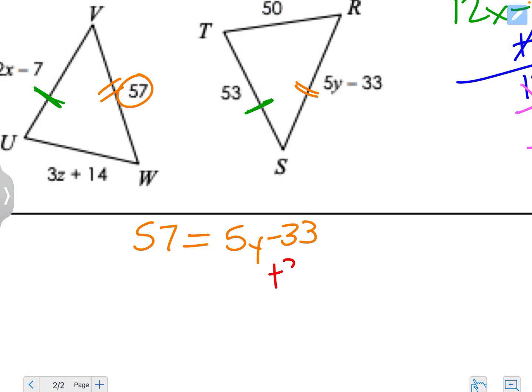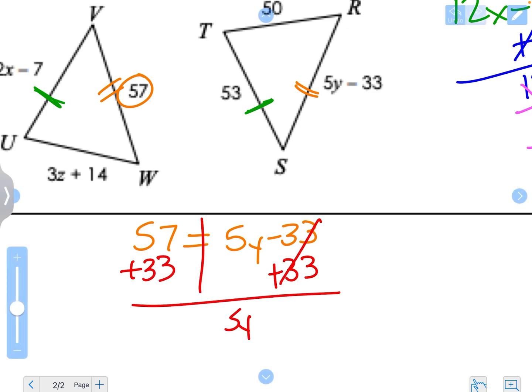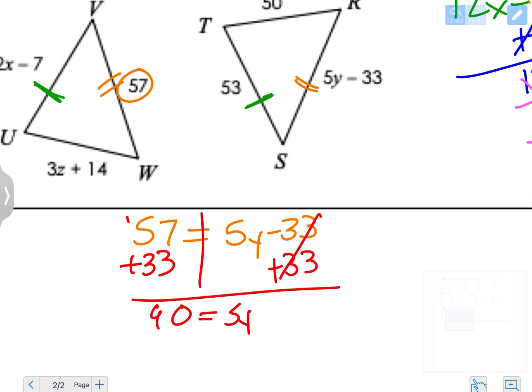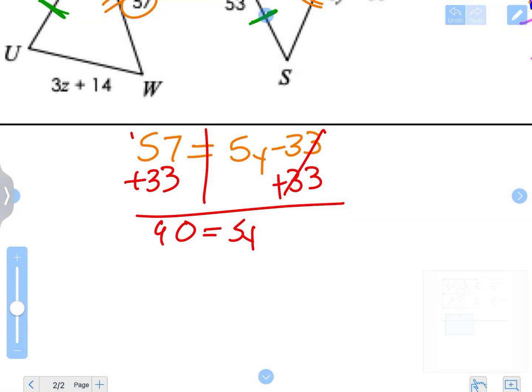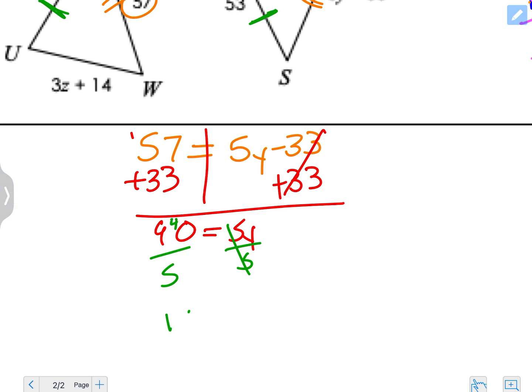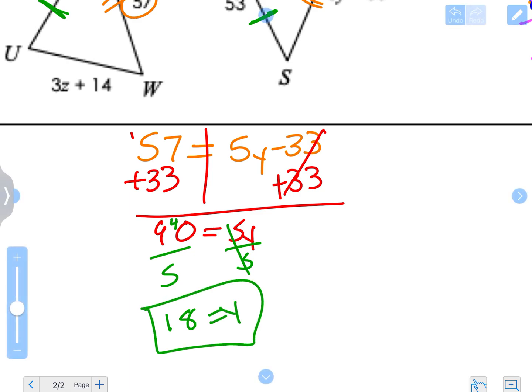So I'm going to add 33 to both sides. 5y, we get a 0, 5, 6, 7, 8. I get 90 equals 5y. Divide by 5, 5 will go into 90 once. I carry over 40, which is 18 equals y.